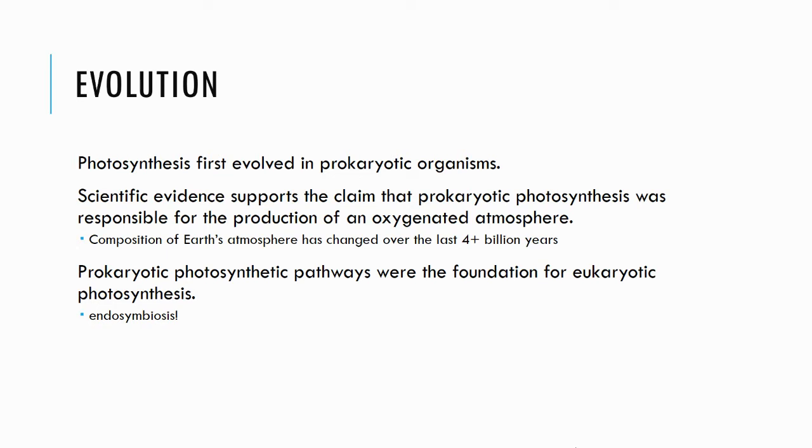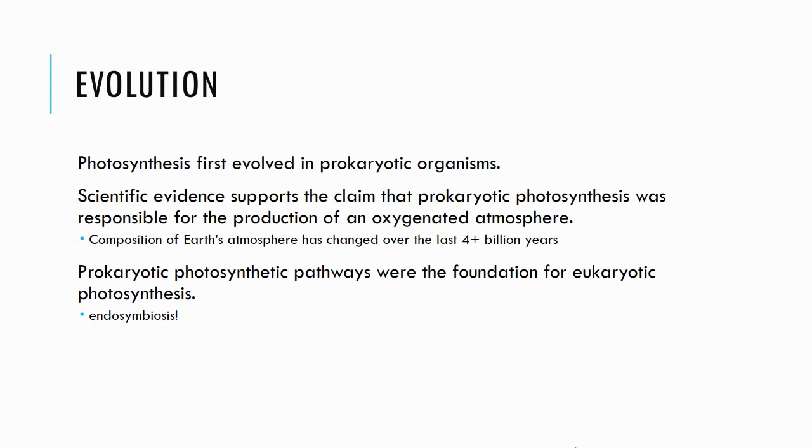We also know that prokaryotic photosynthetic pathways are the foundation for eukaryotic photosynthesis, which leads us to the theory of endosymbiosis. It essentially says, and we can look at this when it comes to mitochondria as well, that both chloroplasts and mitochondria a long time ago were their own individual things that could be alive on their own.